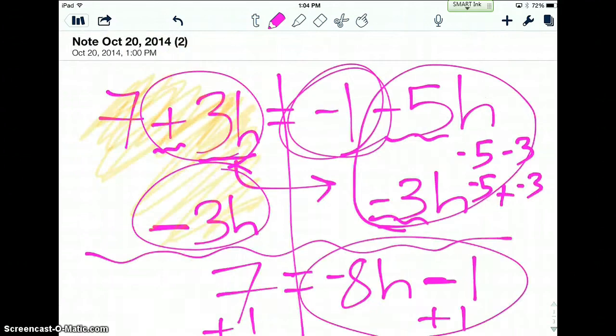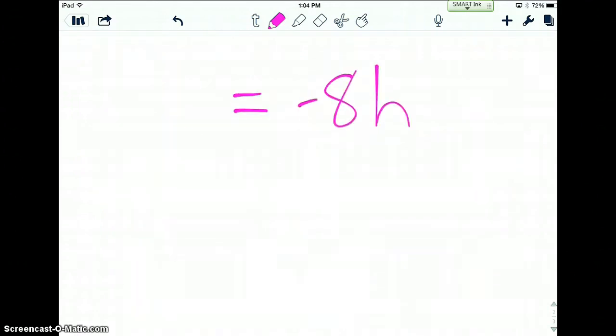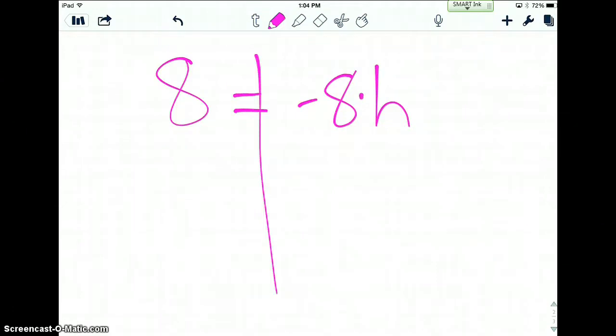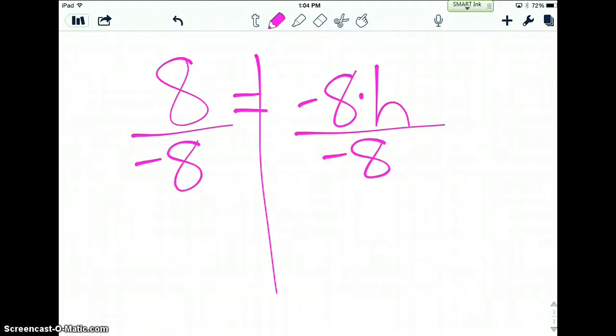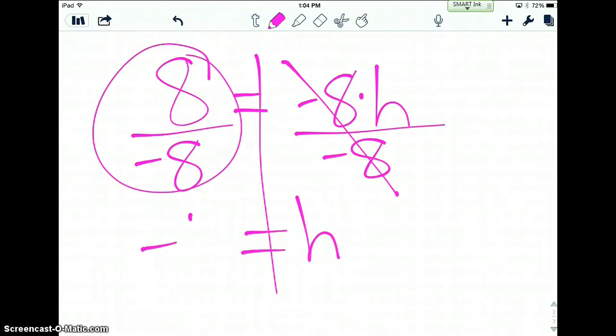And if I simplify this left side, 7 and 1 would be 8. And final step to get rid of the multiplication by -8, I'm going to divide by -8. So -8 divided by -8 is 1h. And 8 divided by -8 is -1. And you could check it and plug it back in and see that it actually works.